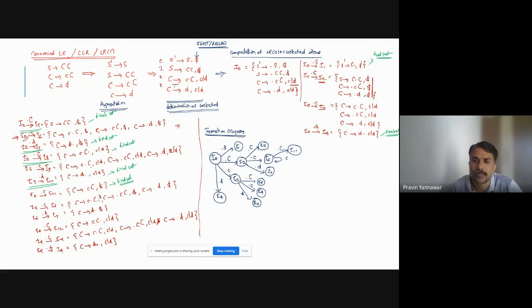Okay, and with small d, it will take me to I7. Okay, so in the same case with I9, with capital C, it will take me to I12, which I cannot go further. Okay, then I9 with small c will take me to I9, and with small d, it will take me to I4.